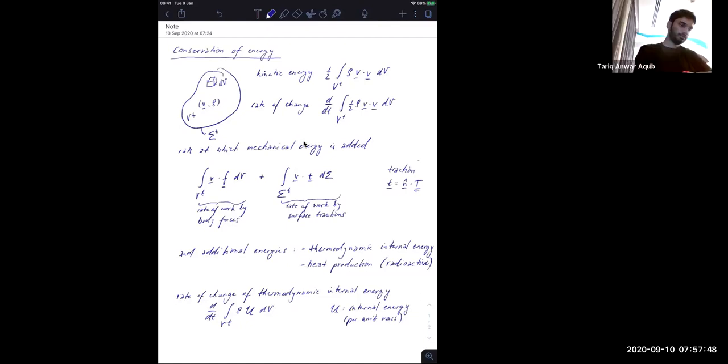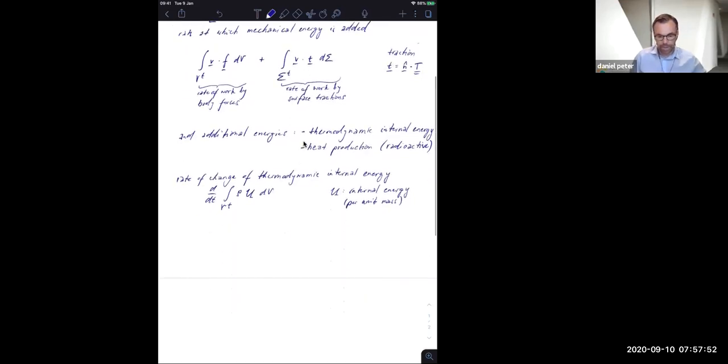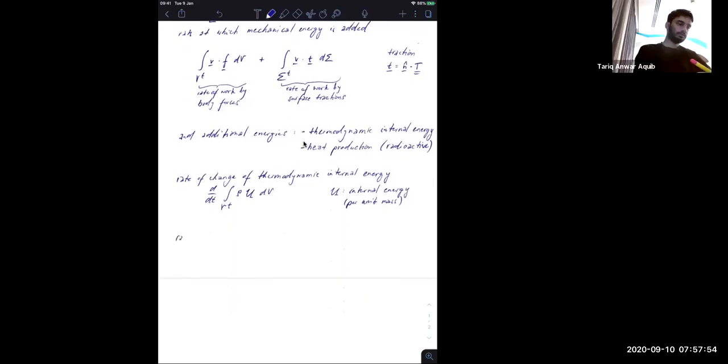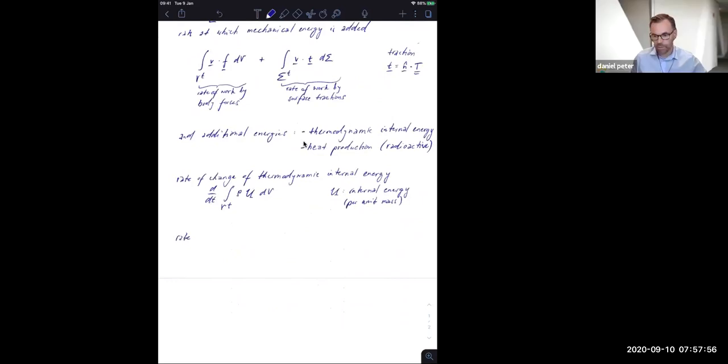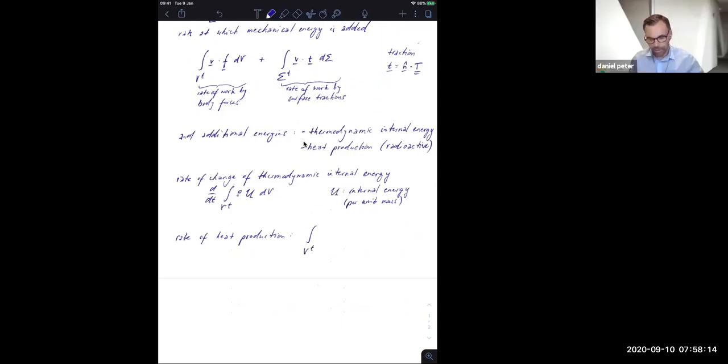And then for the heat production, here again, let's look at the rate of heat which is produced. So the rate of heat production, which in the Earth is due to radioactive decay, radioactive elements.